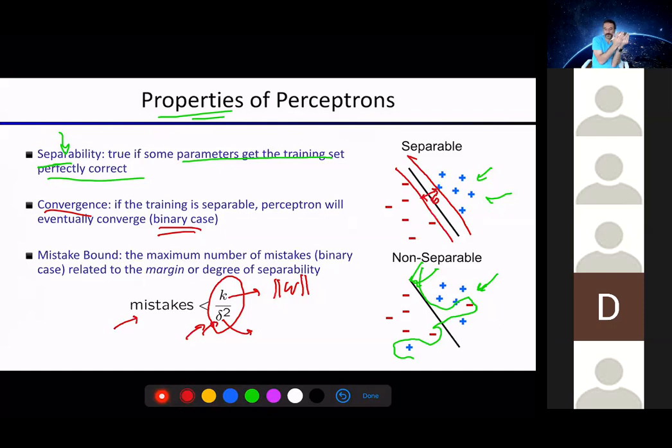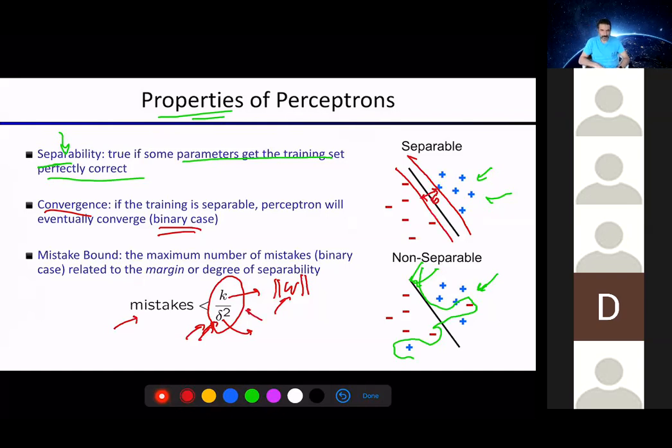And K is the number of features. Obviously, if the number of features is higher, the number of mistakes would be larger intuitively, because it needs more computation and it's more likely to get something wrong. So this is some sense of why this upper bound makes sense, right?